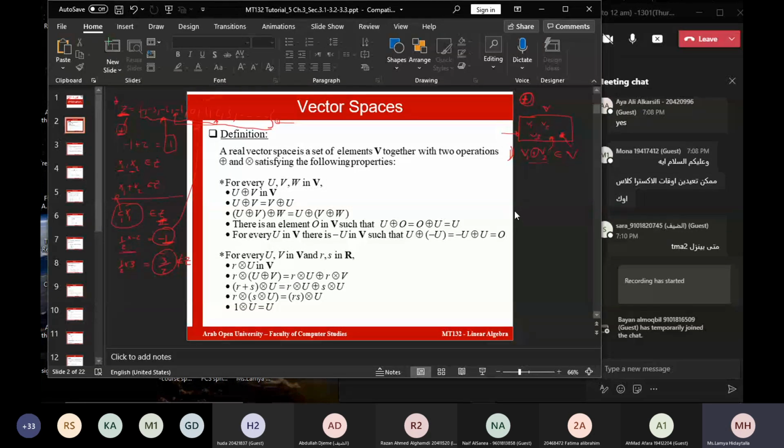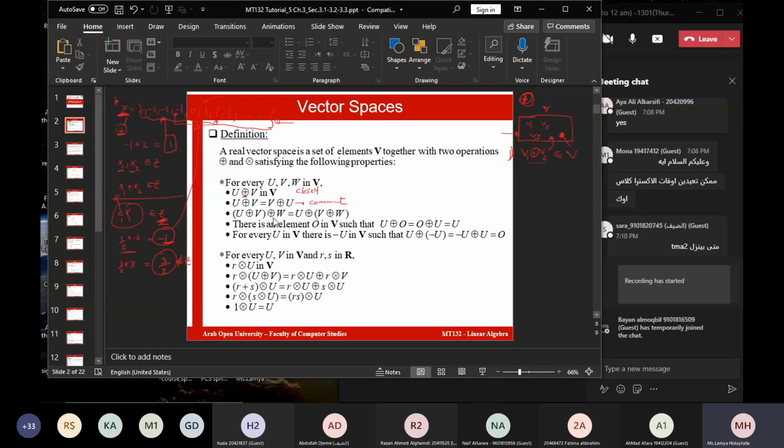The second condition: if you added this vector to that one, it is the same as adding that vector to this one. So the addition should be commutative. So the first one is that it should be closed under addition, and this addition should be commutative, correct?